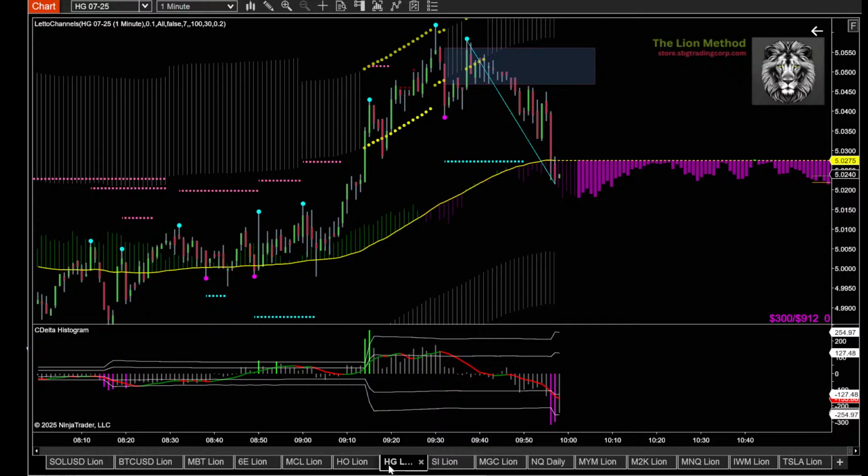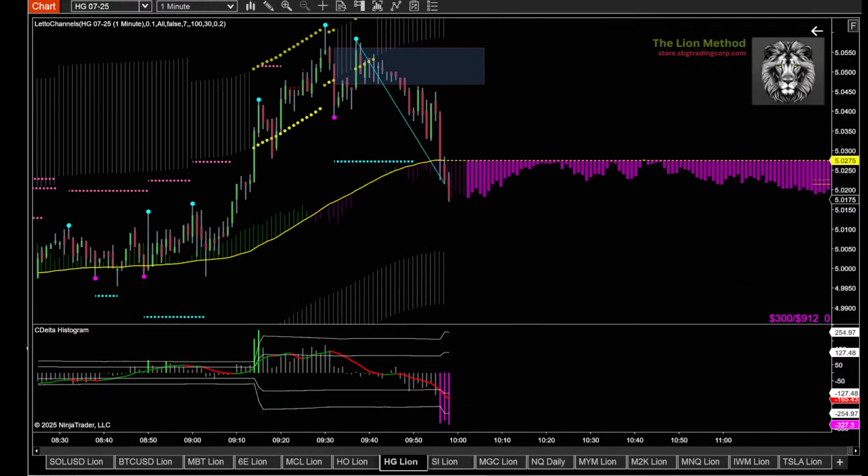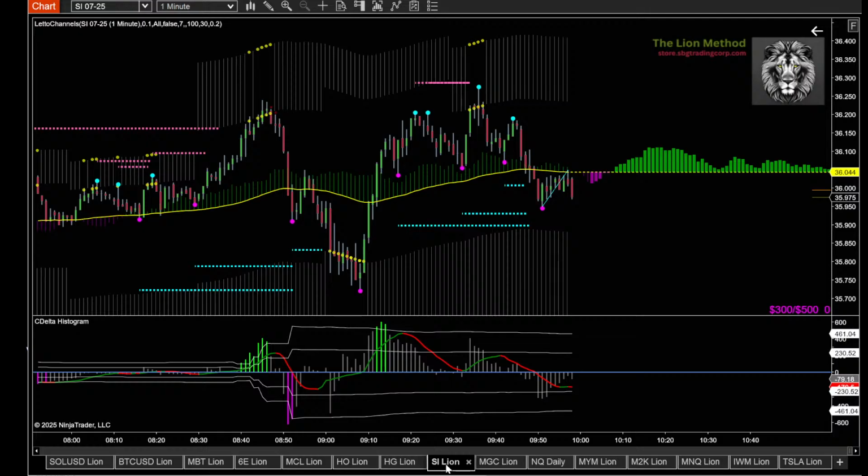Man, I blew that one too. Copper. Look at that net delta coming in to stomp on things. I think we looked at it right here when I drew that rectangle. Well, I won't take it now. I'm gonna wait. So I'm working on a technique for trend trading this.